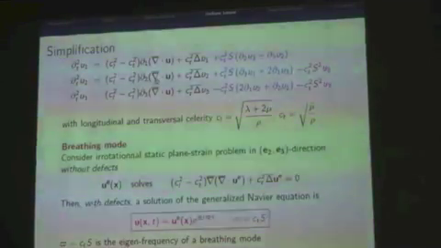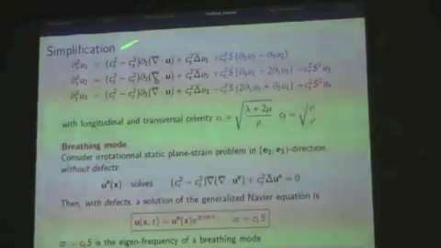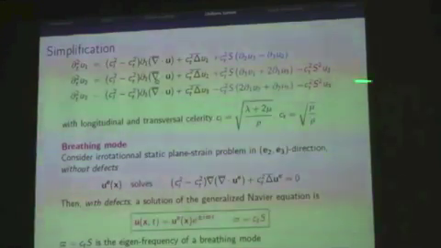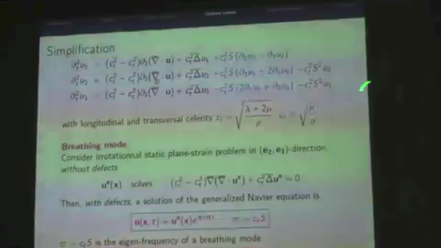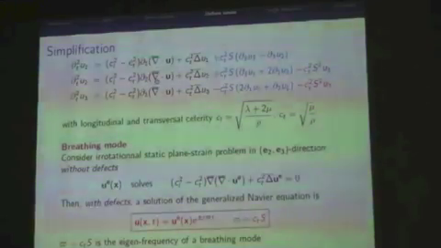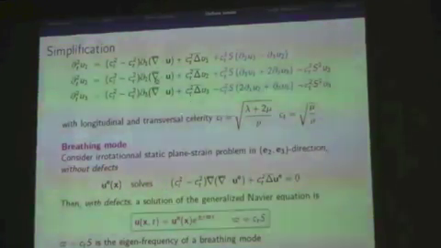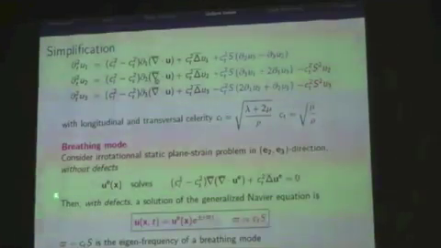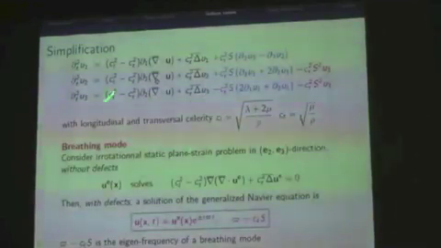In order to understand what this equation means, we can focus on the term introduced by curvature. For example, if I solve the linear problem of a rotational static plane strain problem in a 2-3 direction without defect, I know that the static field solves this equation, the black one.